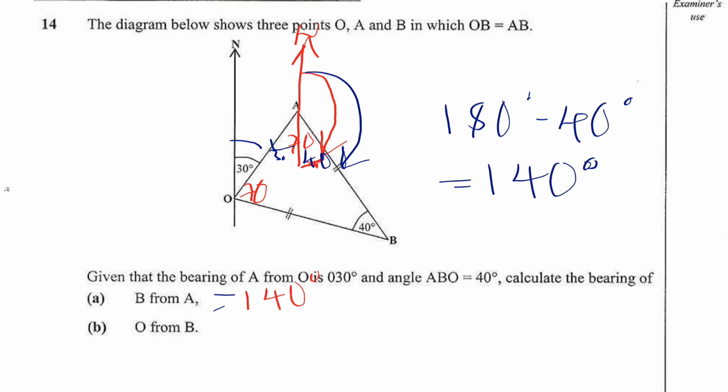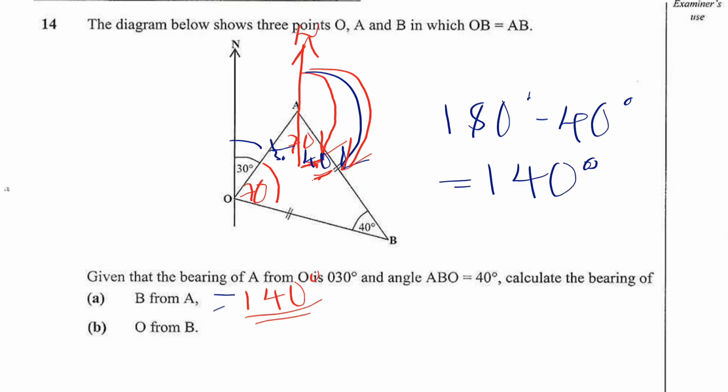So finding the 140, first we calculated the values of these bases, 70, then you subtract 30 from 70 to come up with this angle, so that it's easy to find this 140 there. When you add 40 plus 140, it is going to give us the value of the angle of the straight line, which is 180.